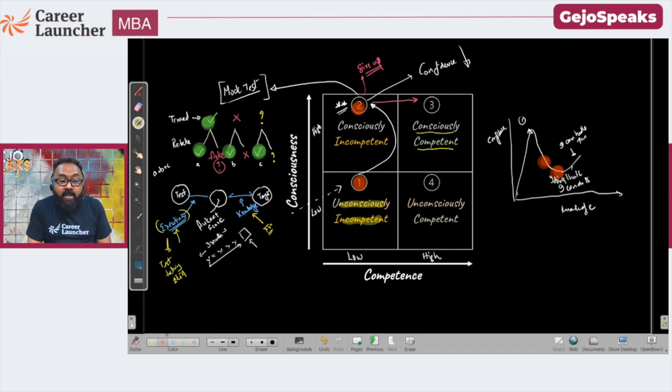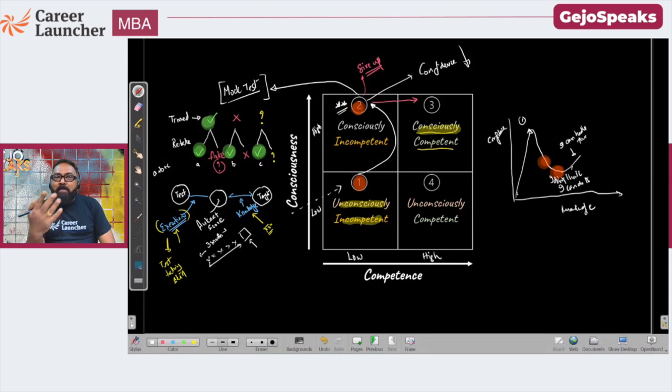But the key thing is that competence is conscious, which means it is still not natural. I still have to consciously put in effort. If I'm reading the passage, I still have to be conscious. I have to be there. I cannot be zoning out. If I'm doing a DILR set, I still have to focus on the question. It's not effortless at this stage.